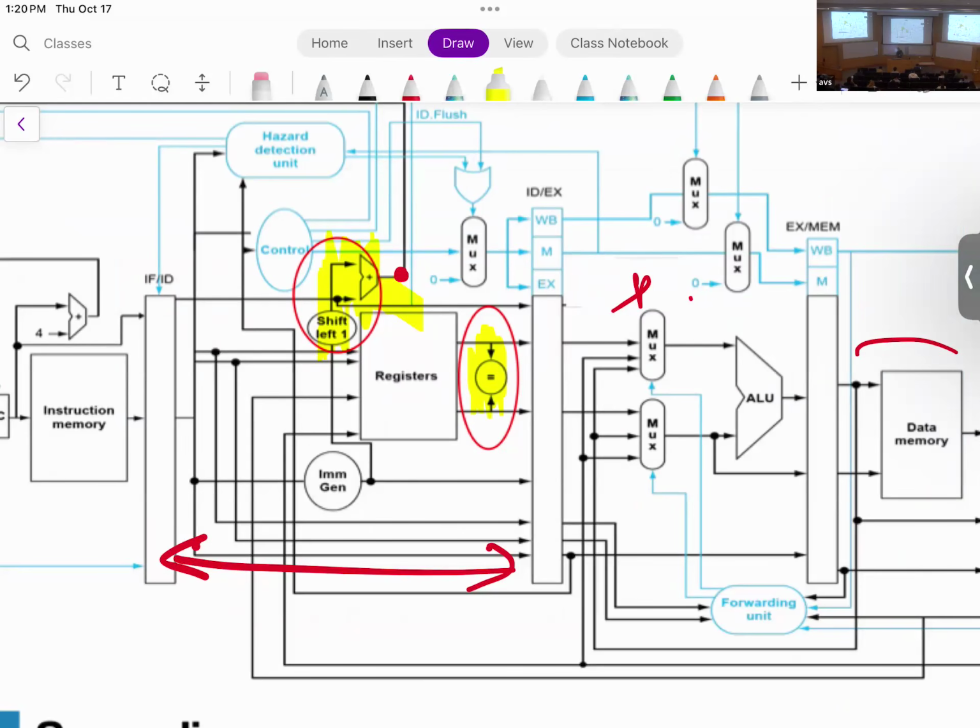For example, you can have less than or greater than. I'm showing it as equal just to show that this is a comparator. Essentially, this comparator takes this value here, which is RS1, and also RS2, and this is the condition whether or not this branch is going to be taken. Basically this will be fed into the controller, and the controller is going to issue whether or not we need to flush things, or whether or not we can continue.